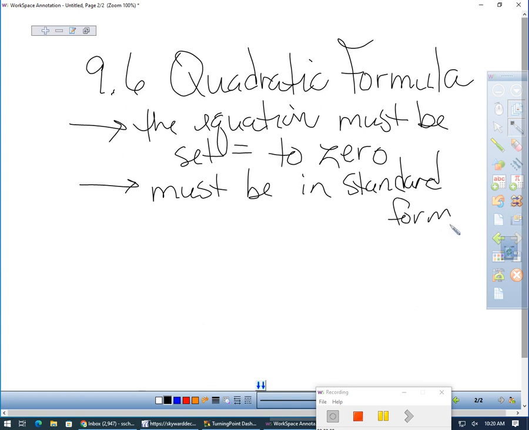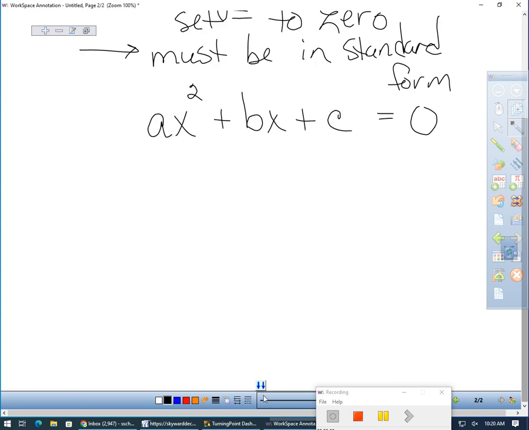So I want to remind you what standard form looks like. Remember, standard form was ax squared plus bx plus c, and that's going to be equal to 0. All right, now, as I write down this quadratic formula, do not panic on me. Do not panic.